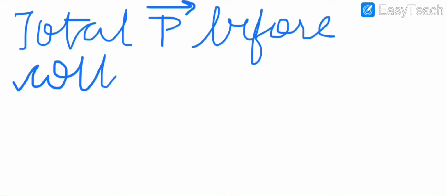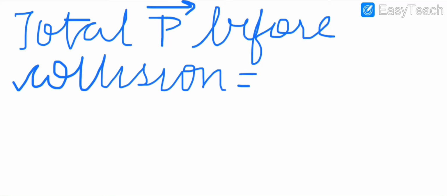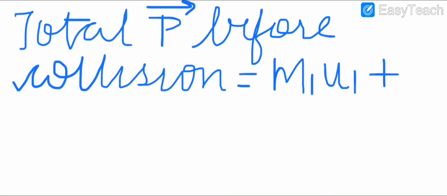How many of you can tell? It's a very easy question. Before collision, what is the total momentum? Add the two initial momentum of body A and B. m1 u1 plus m2 u2. Very simple.